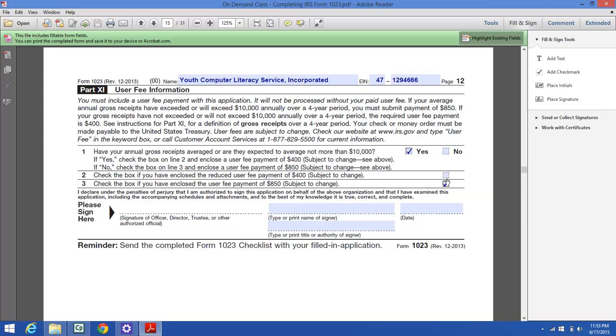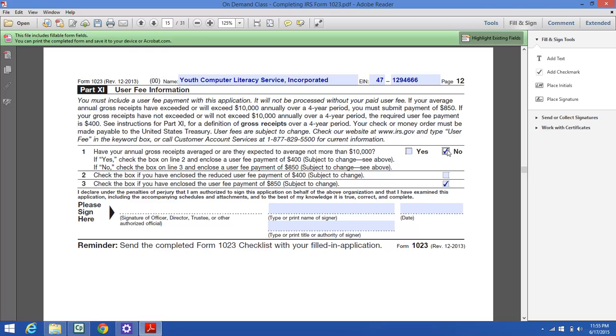So this is incorrect. Let me change that. So let me read that again since that answer was incorrect. Have your annual gross receipts averaged or are they expected to average not more than $10,000? The answer to that question is no. If no, check the box on line 3 and enclose a user fee payment of $850. So that's what I've done.